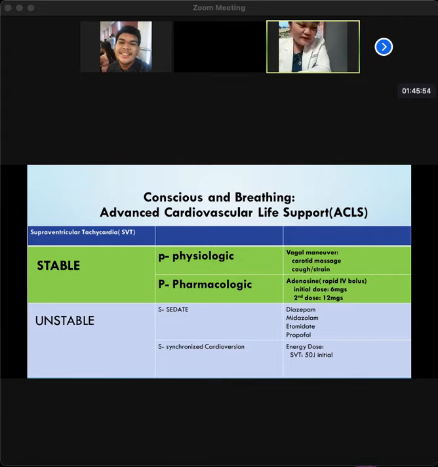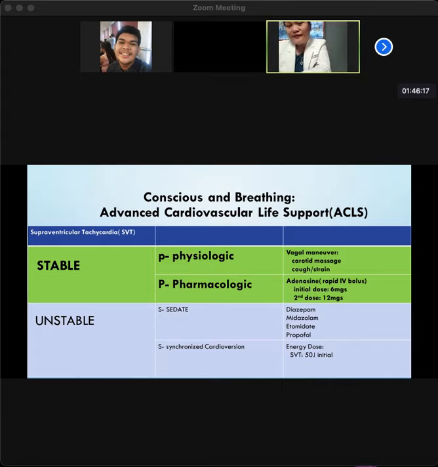They are benzodiazepines. Okay? So they can also cause amnesia. Okay? So, at least hindi matatandaan ng pasyente na kinuryente mo siya.